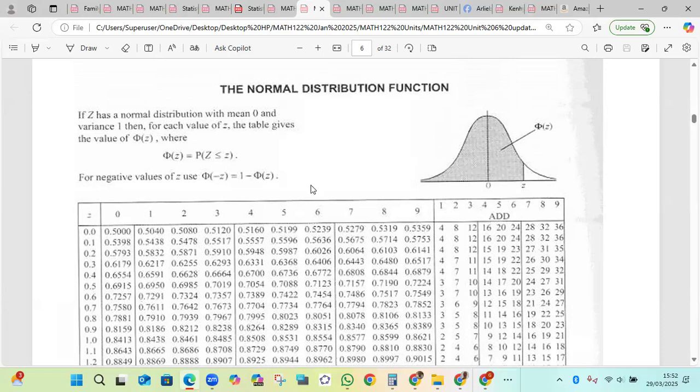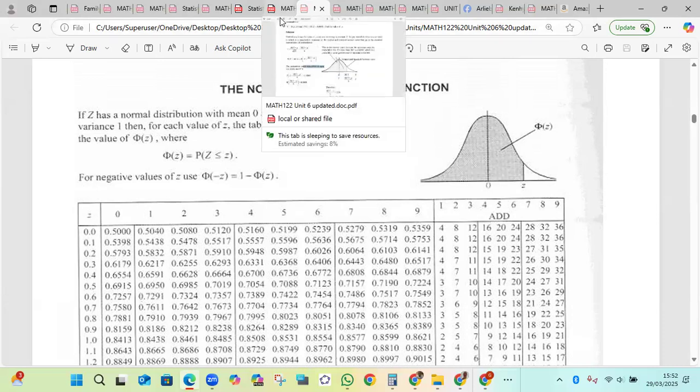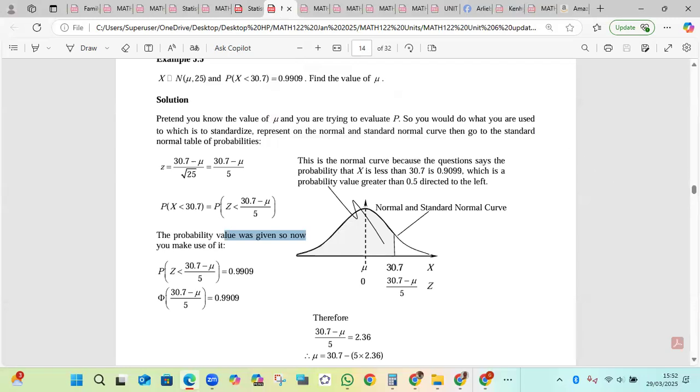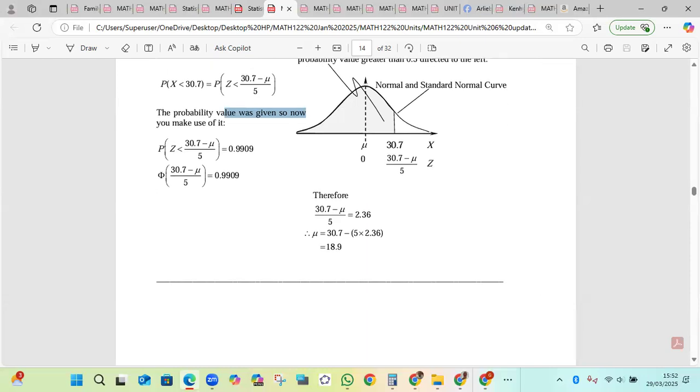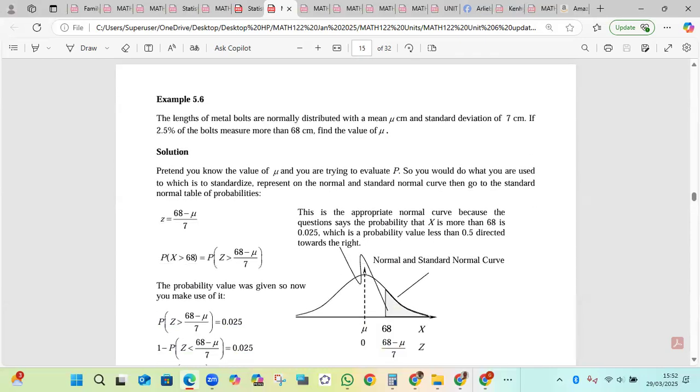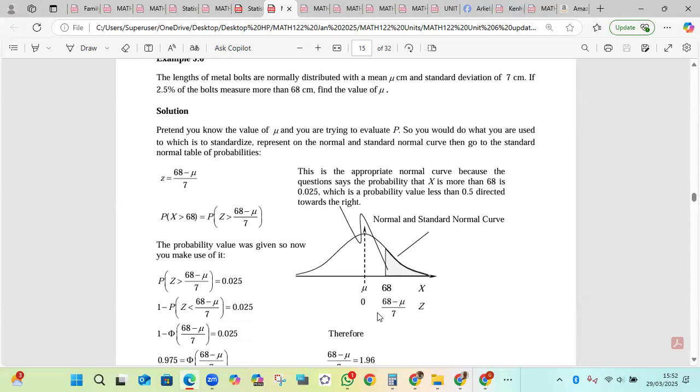So let's see an example in Unit 6 to take a look at the algorithm to do such a question. This is example 5.5. Let's go lower down, 5.6. That's a right tail, finding mu when you have a right tail.